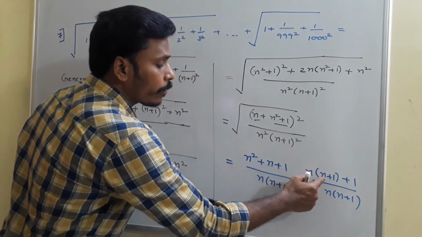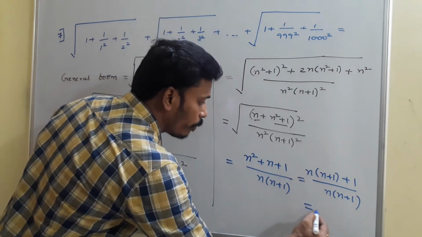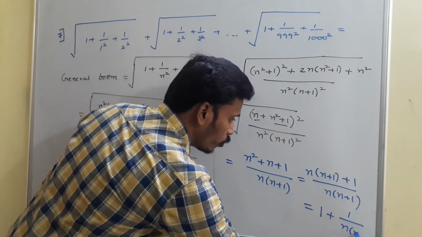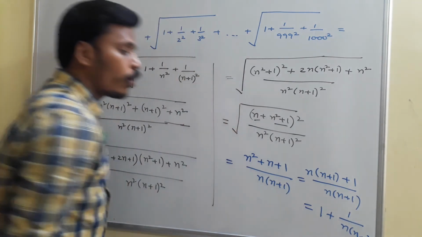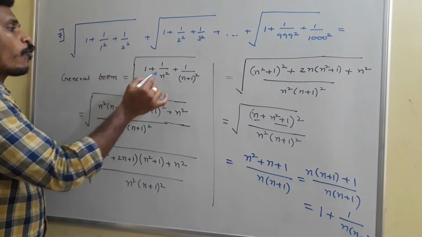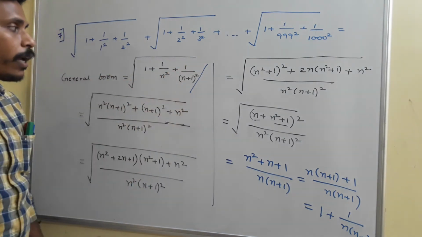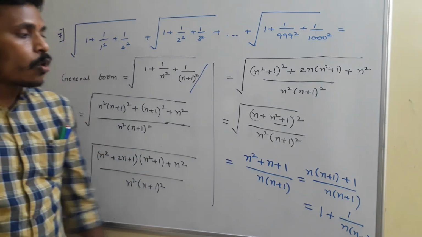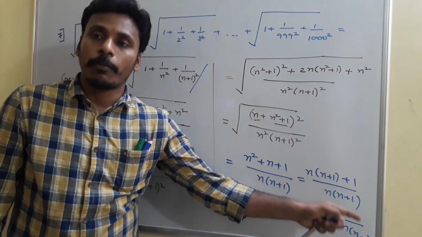And this n into n plus 1 with this n into n plus 1 will become 1 plus 1 by n into n plus 1. So at the end, the general form root of 1 plus 1 by n square plus 1 by n plus 1 whole square leads to 1 plus 1 by n into n plus 1.